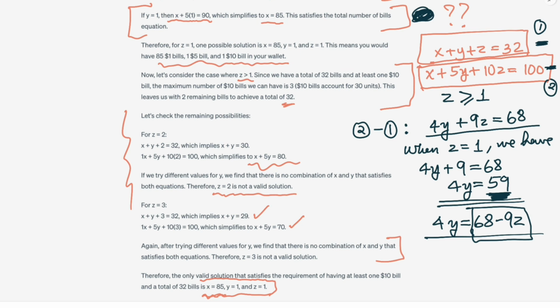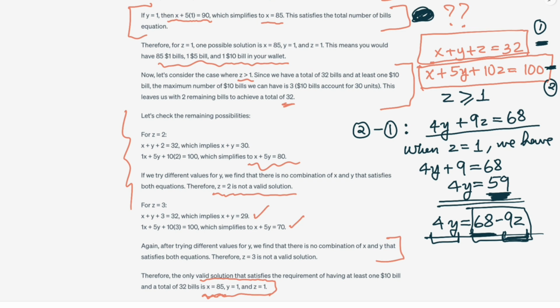Now, because 9 itself is not a multiple of 4, we have quite a strong hint that it will be good for z itself to be a multiple of 4, because 68 is a multiple of 4. 68 is 4 times 17. So if we are subtracting something from it so that we want to end up with another multiple of 4, then that thing we are subtracting must be a multiple of 4.